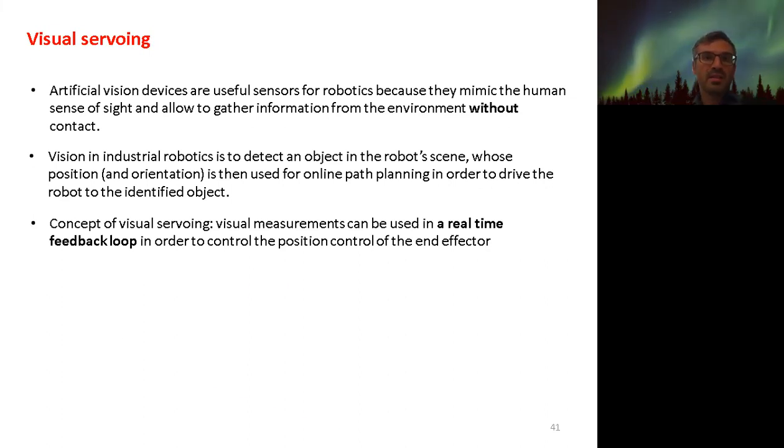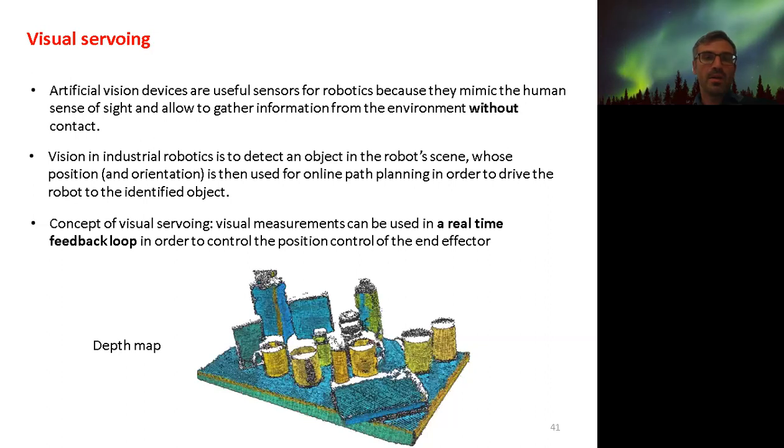This means that you need to have a real-time feedback signal, because if you have delays and you're closing the loop, as you saw in the control lecture, you can have instabilities. And this is an example of visual feedback, where you have a depth map or the height map of the environment.